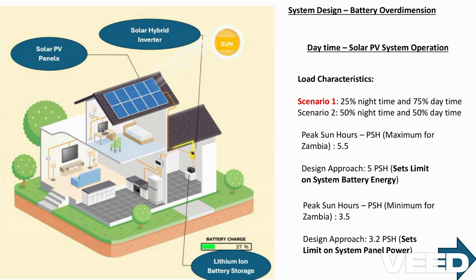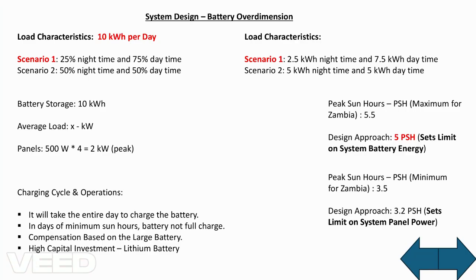From the earlier lesson that we had, we looked at the design approach, where one sets the limit on the system battery, which is the maximum peak sun hours, and the other one sets the limit on the system panel power. So in essence, what we look at is a load characteristic of a house that demands 10 kilowatt hours per day, or 10 units per day.